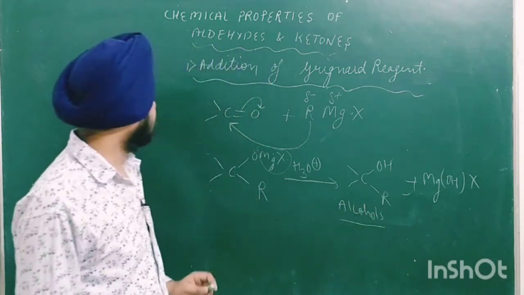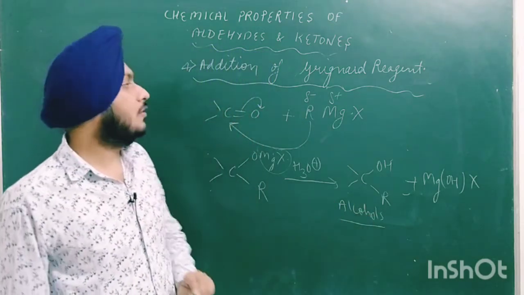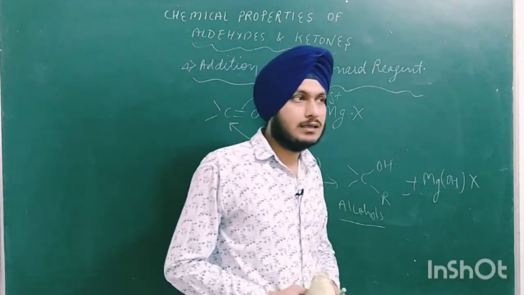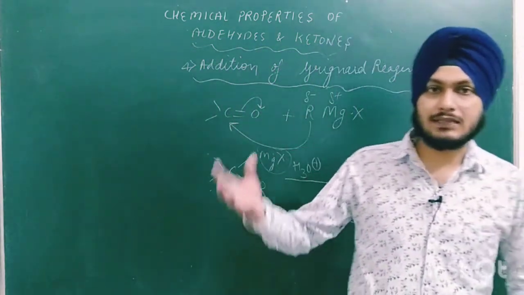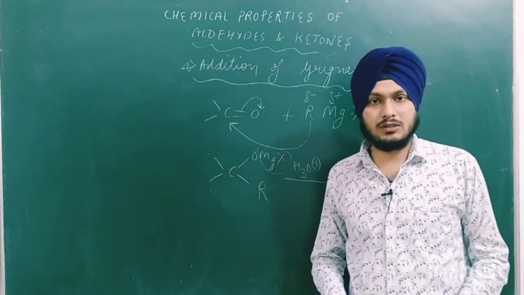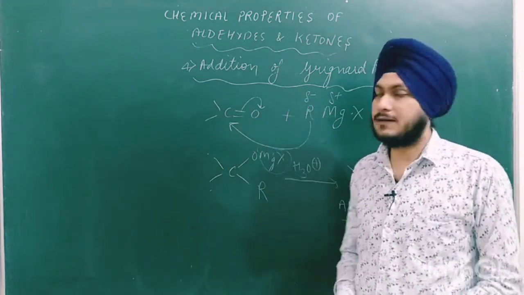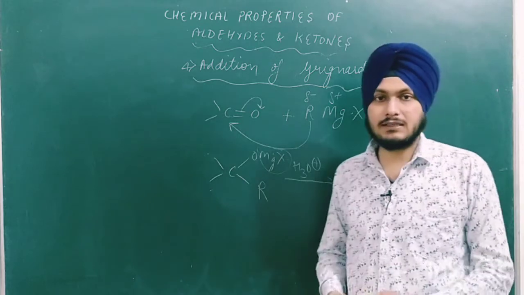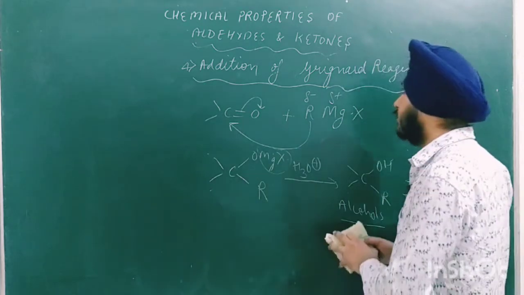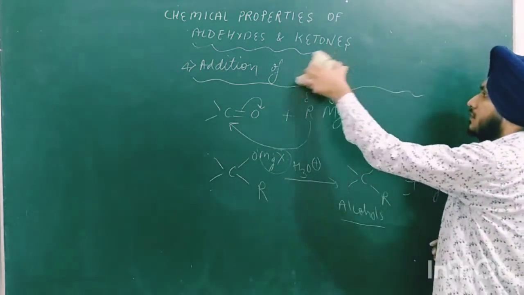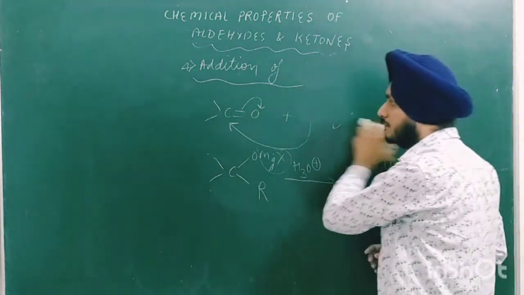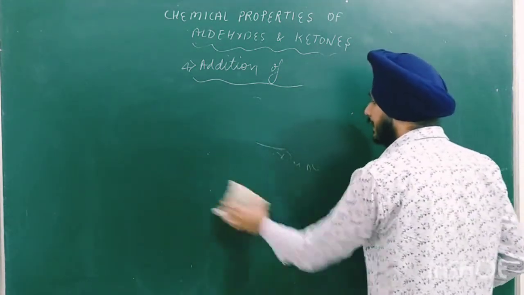This is the fourth example of nucleophilic addition reaction. The first is addition of water, second is addition of hydrogen cyanide, third is the addition of sodium bisulfite, fourth is the addition of Grignard reagent, and the last is the addition of alcohols. This will lead to the formation of hemiacetal and acetals.